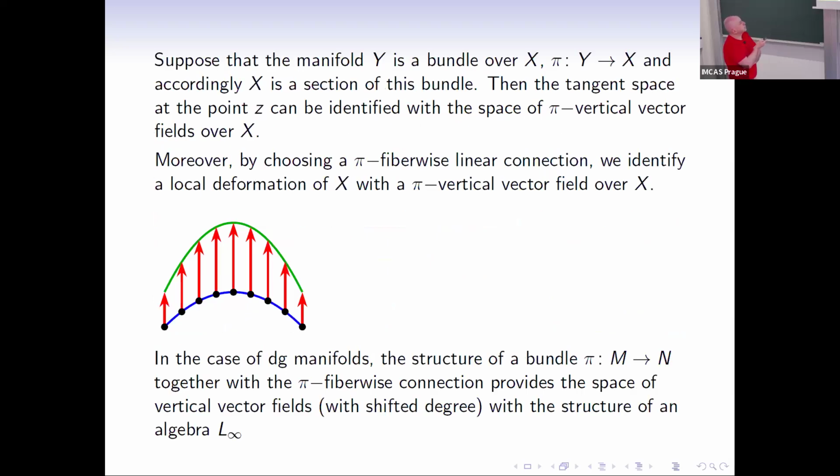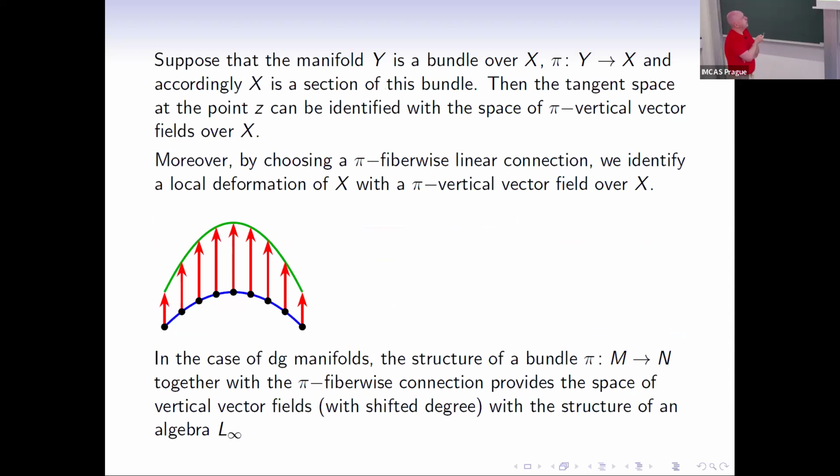Then suppose we have a Q bundle, so it's a bundle Q X inside Y. And suppose there is a projection such that X is a section of this bundle.